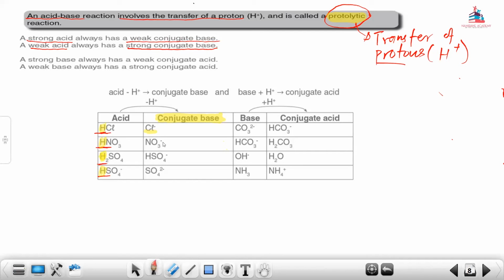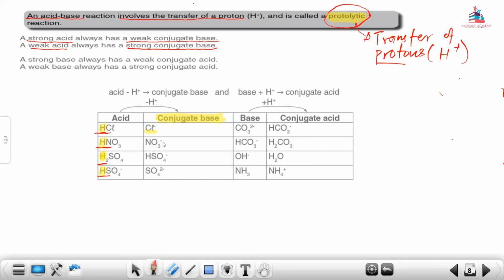And because of that, we say it is a conjugate base. So this slide basically emphasizes how one can easily see a conjugate base. But let's go now to a conjugate acid.